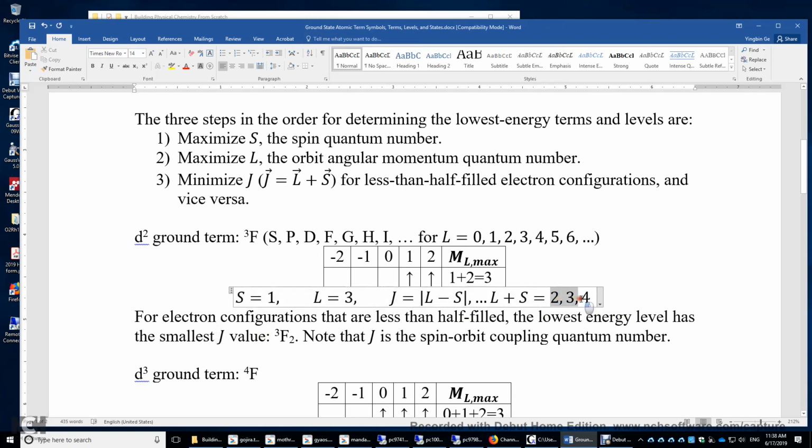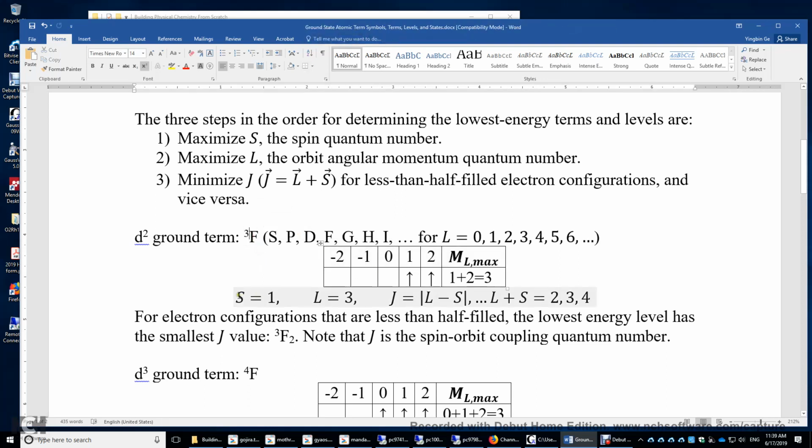You have 3 different J values. So therefore, we add this J value equals 2 in the subscript here. 3F2 is the lowest energy level, and 3F is the lowest energy atomic term, or ground state atomic term.